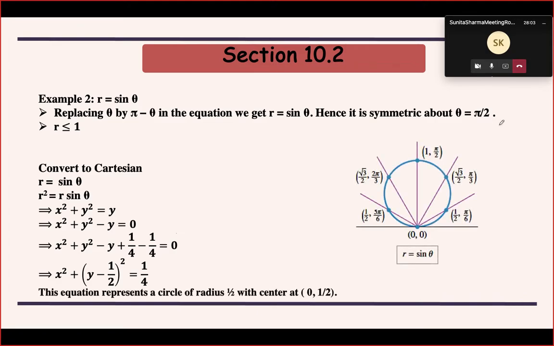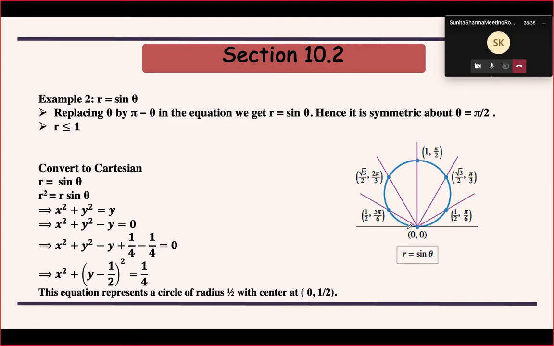Okay, so I am not making the table for plotting points here, but these are a few points which you can check. When your theta is 0, r is 0. When your theta is pi by 6, you will get half. Then at pi by 3, it is root 3 by 2. So these are simply your values of sine. You can check that easily. That is why I did not make the table. When you put theta as 90, you get 1, and then again root 3 by 2, then 1 by 2 and 0.